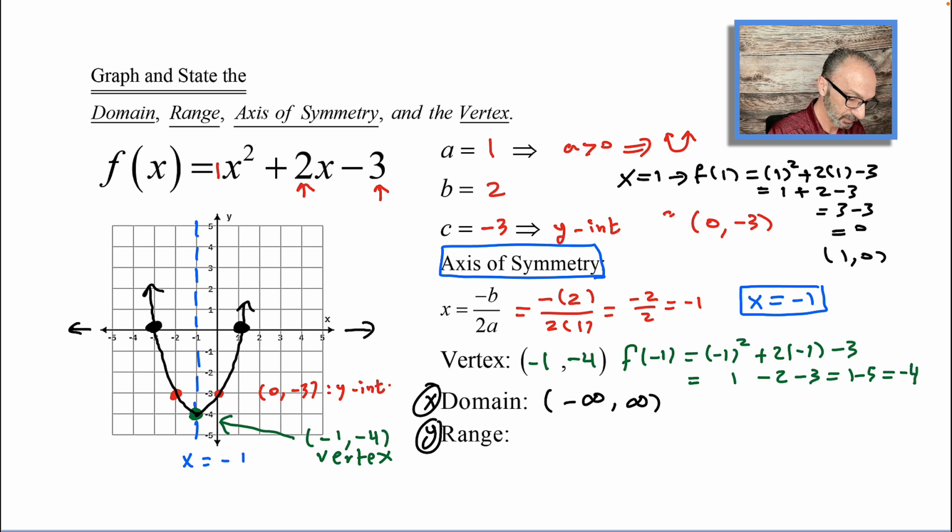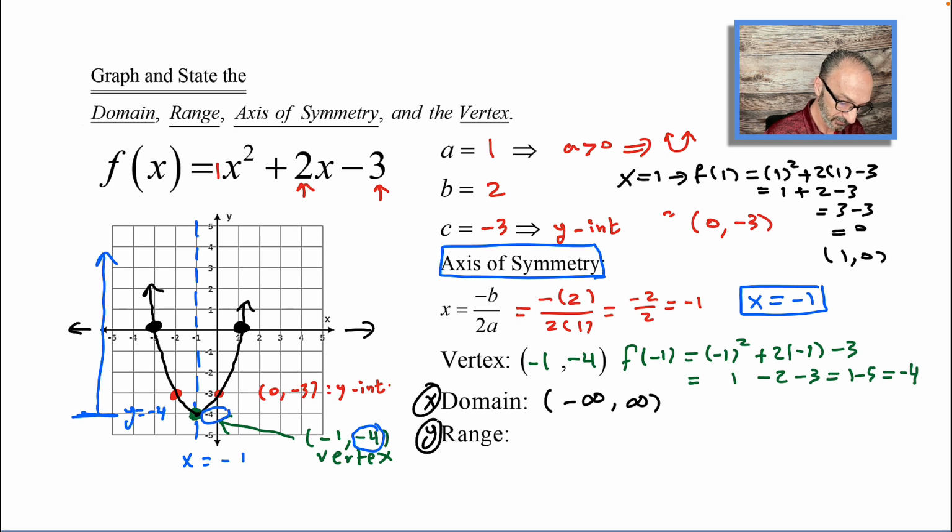I'll use blue. For range, it's the y values. And the y values, they go from this level all the way up. The graph does not go below y equals -4. That's the lowest point that we could have, the lowest value for y.